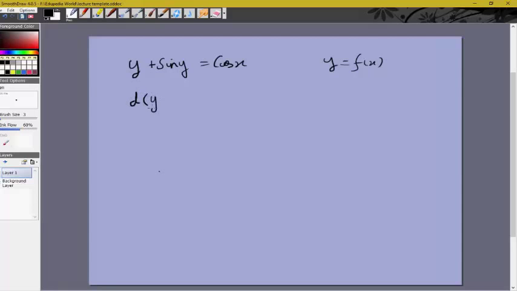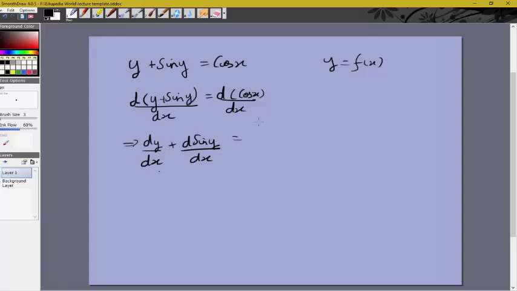So d of y plus sine y by dx is equal to d of cos x by dx, which gives me dy by dx plus d of sine y by dx is equal to the derivative of cos x, which is minus sine x. Now this term we can write as d of sine y by dy into dy by dx.